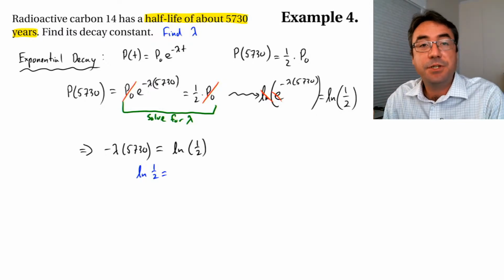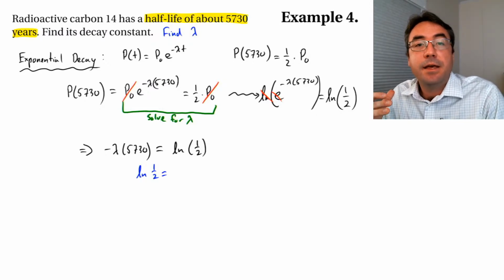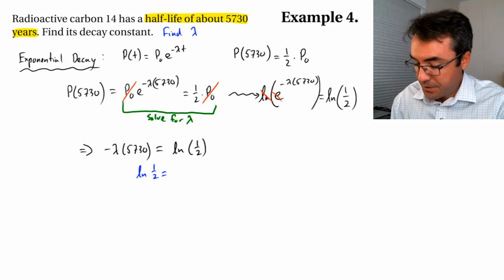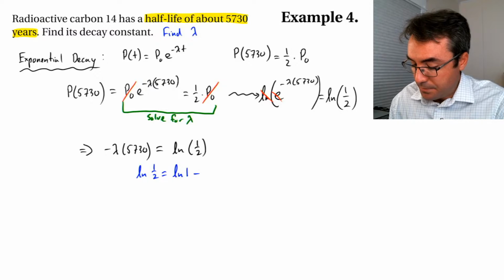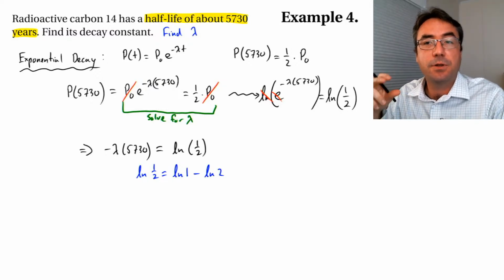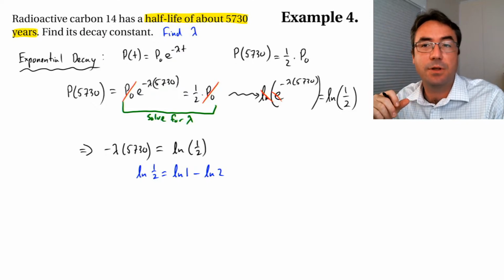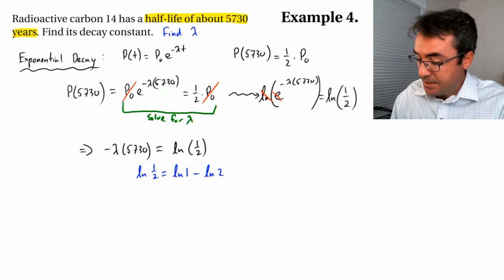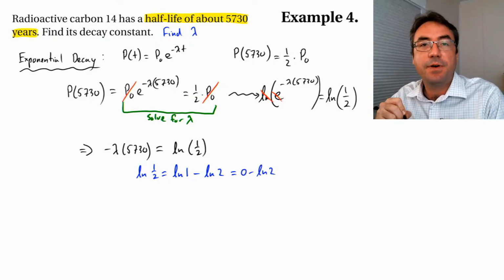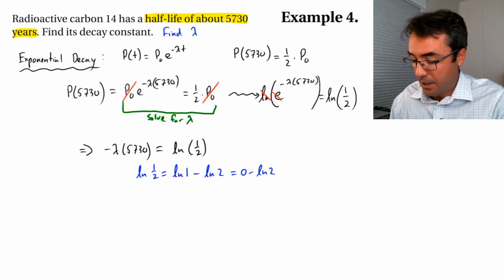When we have division inside of a log, it gets converted into subtraction. So this goes to natural log 1 minus natural log 2. So the natural log of the top minus the natural log of the bottom. And natural log 1 is just 0. So this simplifies to just negative natural log 2.